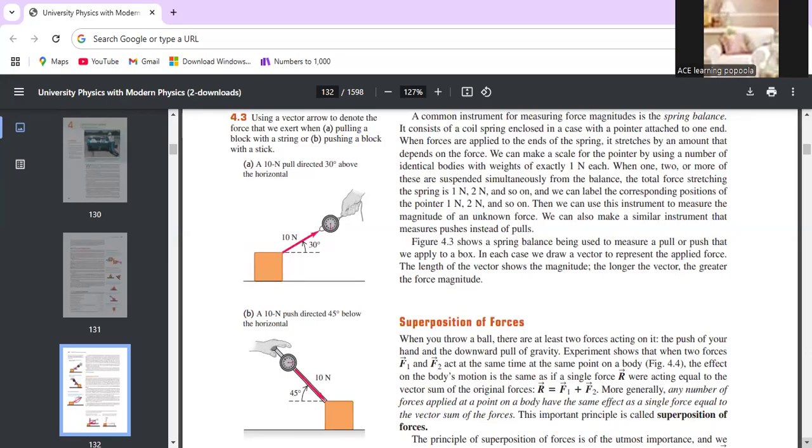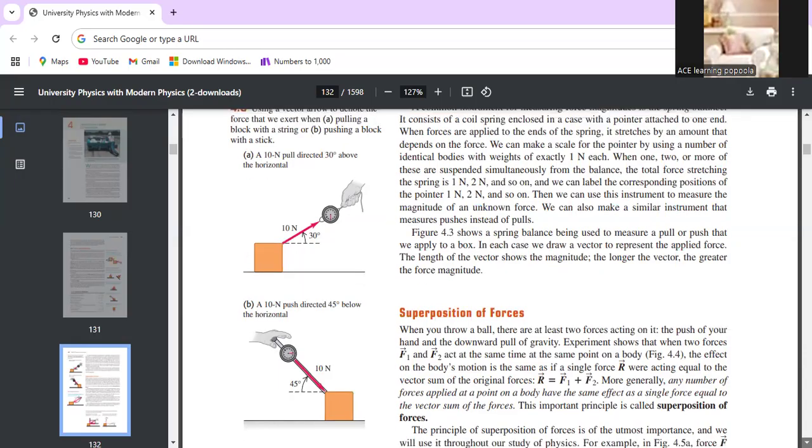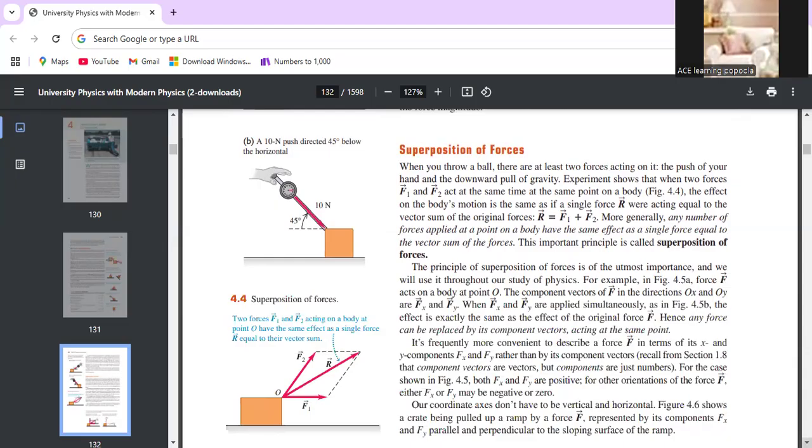Say we have an object that is acted upon by two forces. If those forces were removed, a resultant force is a force that will have the same effect that those forces would have had on that object if they were left to act on the object. I don't know if we understand.